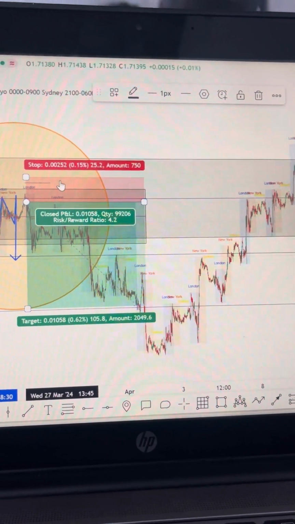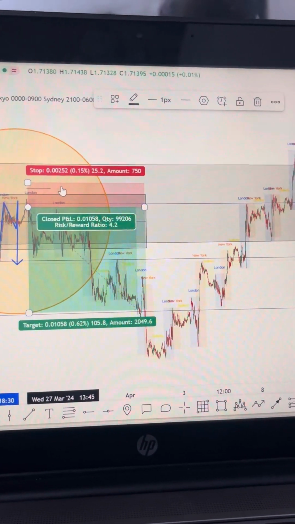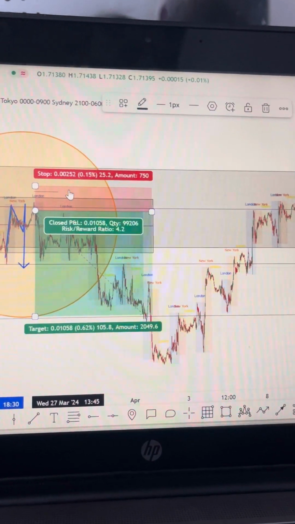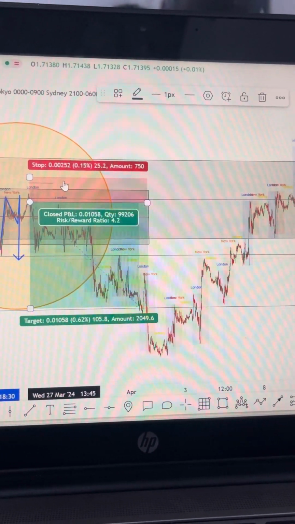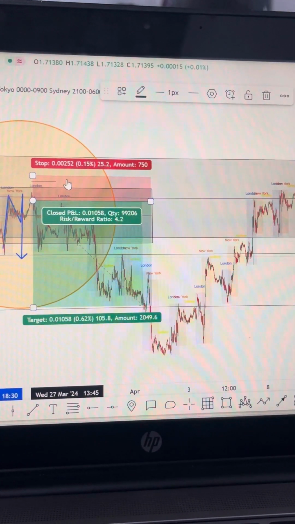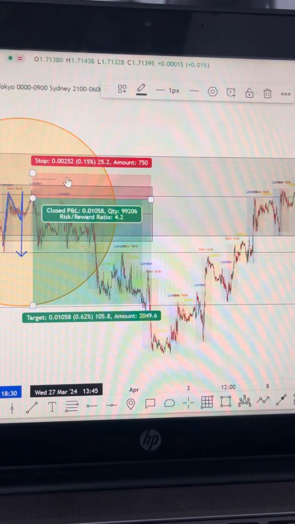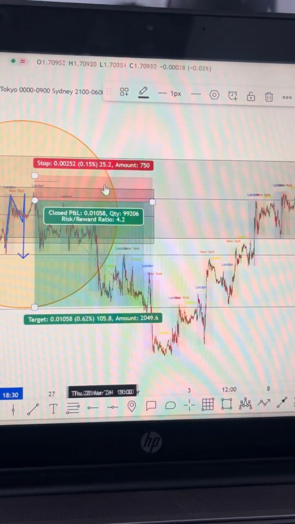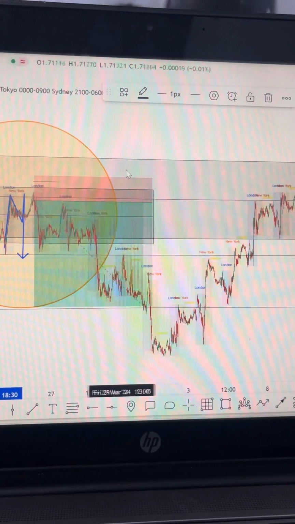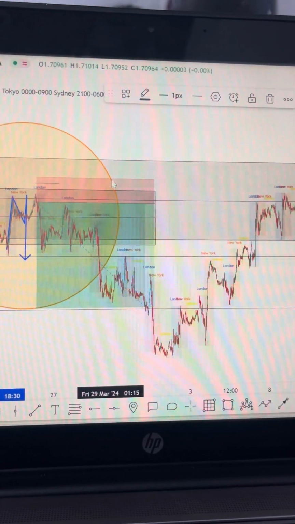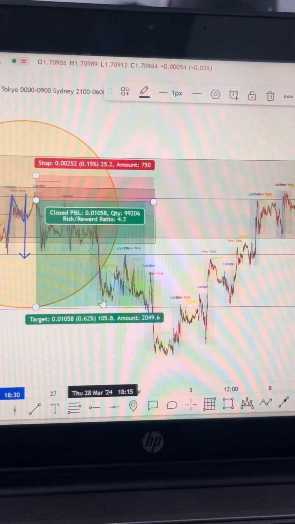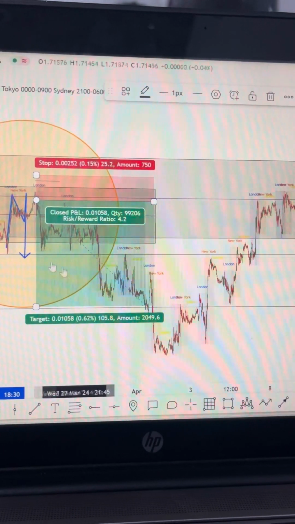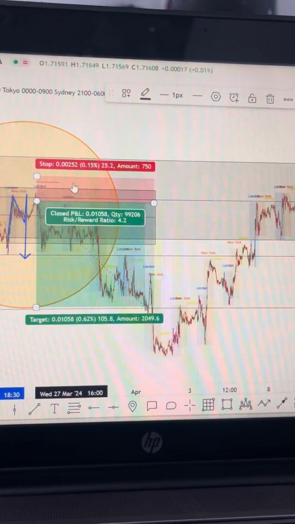Let's assume I am trading with 0.1 lot size. 0.1 lot size should be $1, right? So let's assume I'm trading with $1 per pip, which means I'm risking $25 on this trade to make $105. See it. So this was my stop loss.